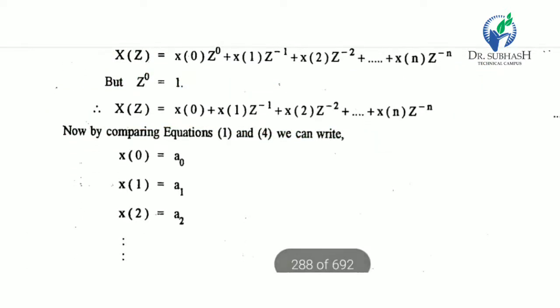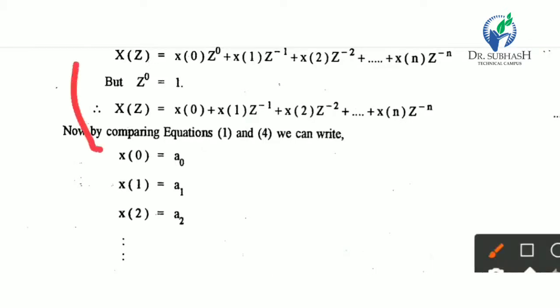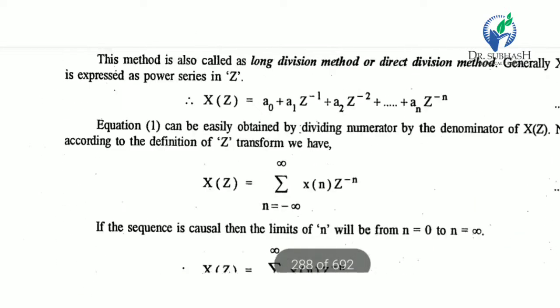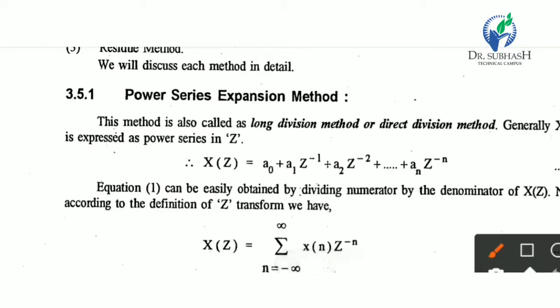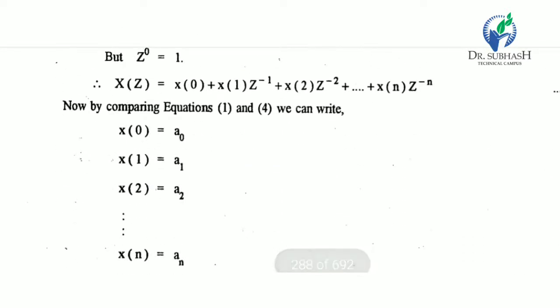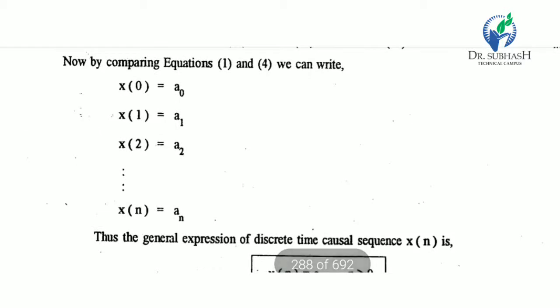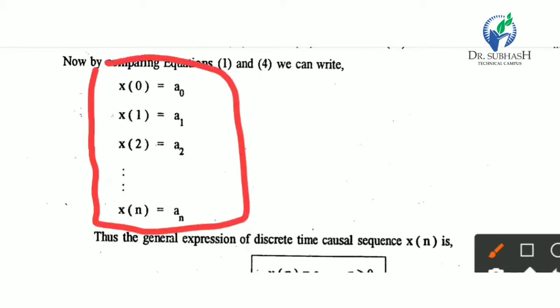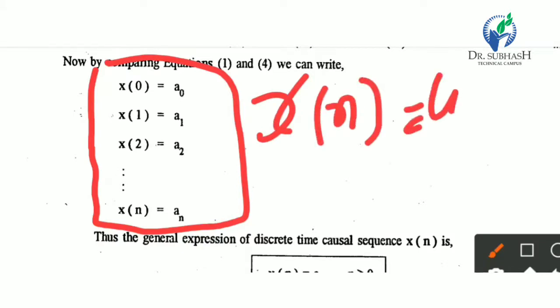So by comparing this equation with the one we already expanded, from these two equations we will get x(0) = a0, x(1) = a1, x(2) = a2, and x(n) = a(n).